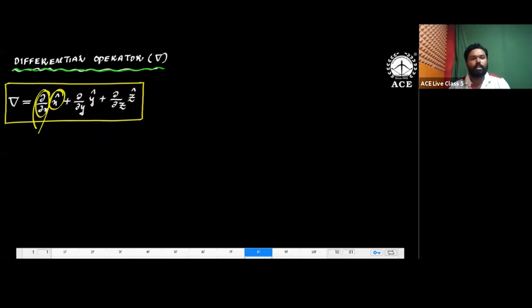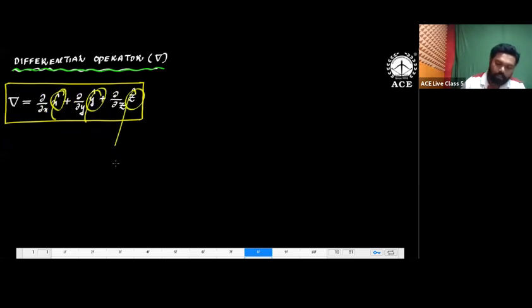So what is this x cap, y cap, and z cap? These are called unit vectors. They are vectors with magnitude 1 oriented along the x, y, z directions. So differentiation of some function with respect to x oriented in the x, with respect to y oriented in the y, with respect to z oriented in the z.